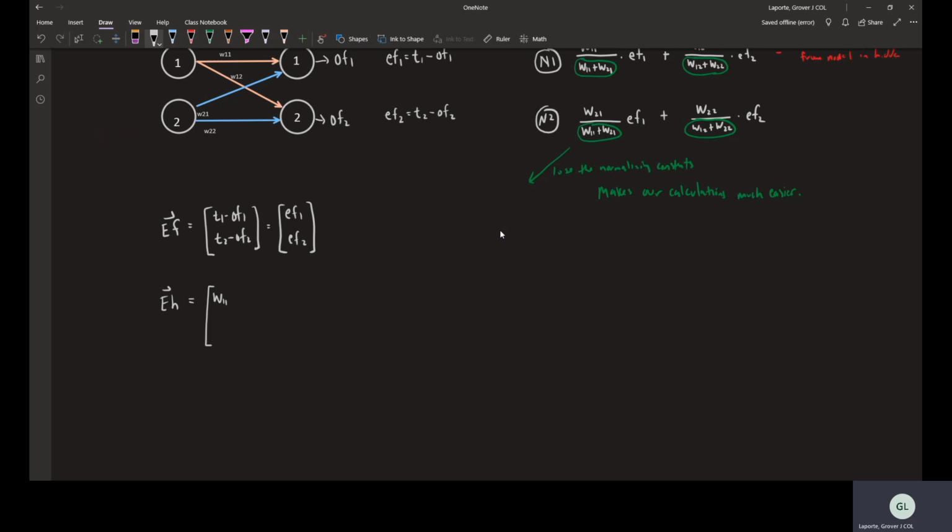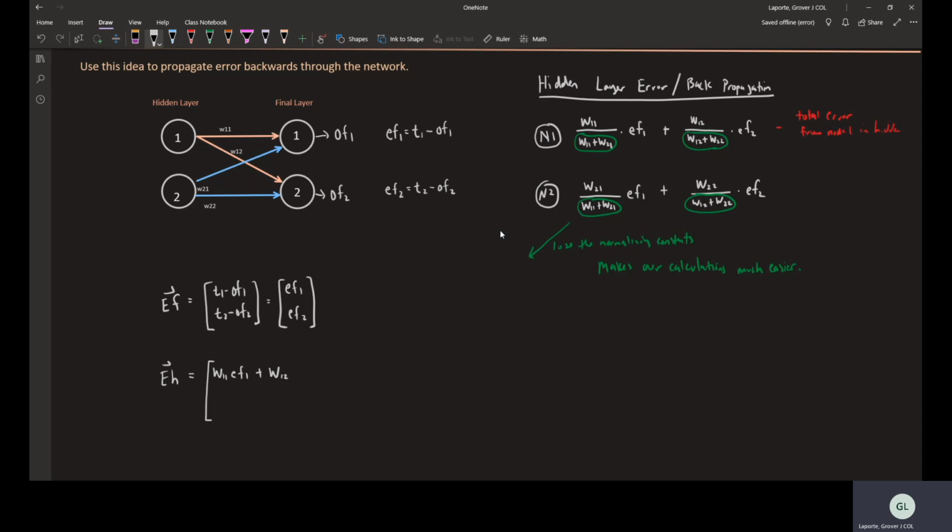So if we lose the normalizing constant, we get W11 EF1 plus, is that W12? Let me go up just a little bit. Yeah, W12 times EF2, and W21 EF1 and so on. So what's another way to write that?